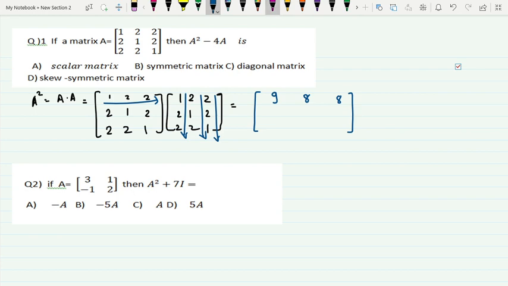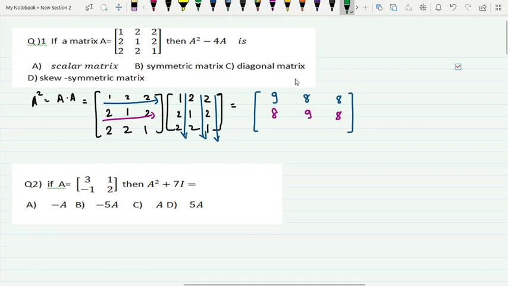And second row into first column, second column and third column. So 2 plus 2 plus 4, we will be getting 8. 4 plus 1 plus 4, that is 9. Second row into third column, that is 4 plus 2 plus 2, we will be getting 8.